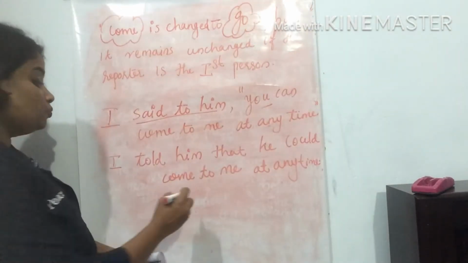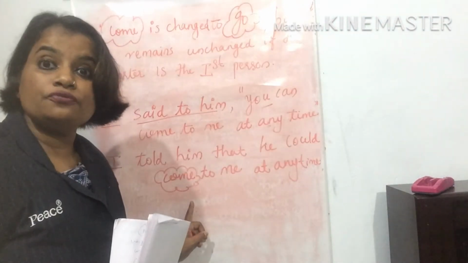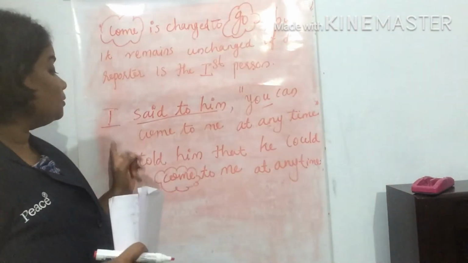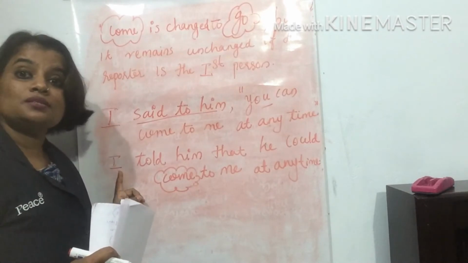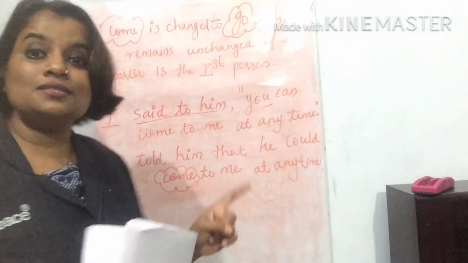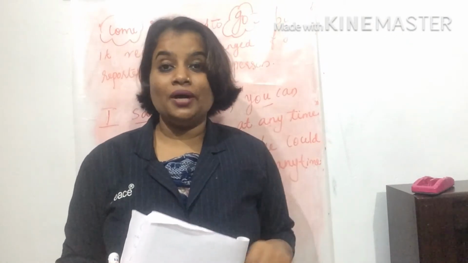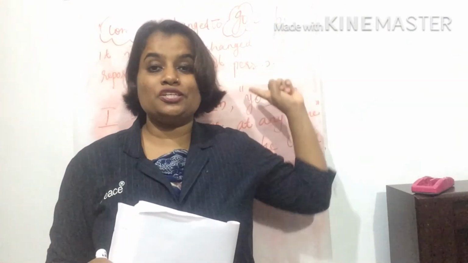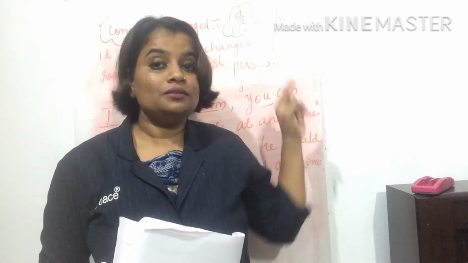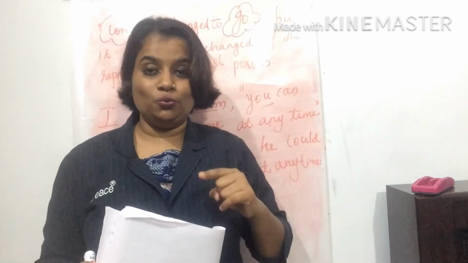So there is no change. There is no change of come, because the reporter of the statement is I, the first person. Now do you understand the difference between these two statements? I applied come and go.